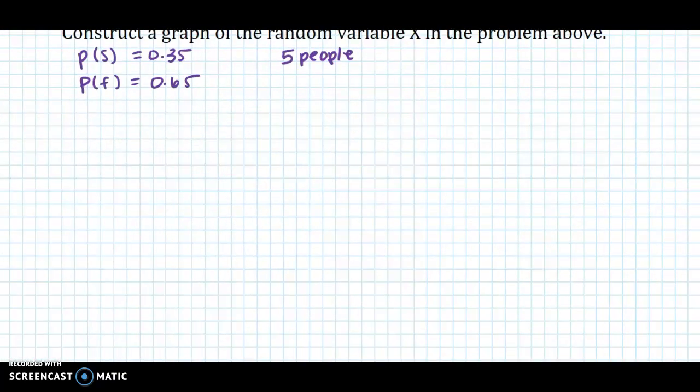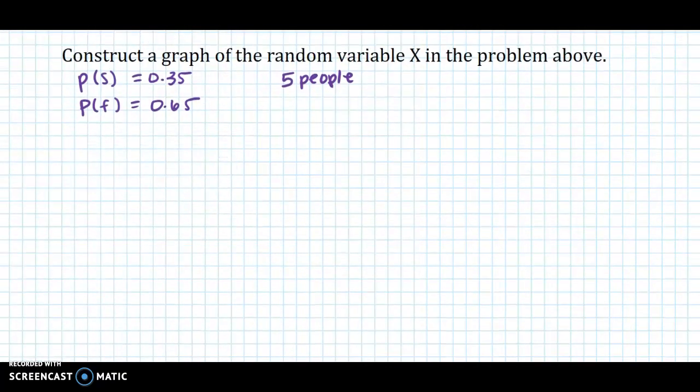So this is the information from the problem above. The probability of success, or just P, is 0.35, and the probability of failure, which is Q, is 0.65. I like to make a table because I feel like it's nice and organized.